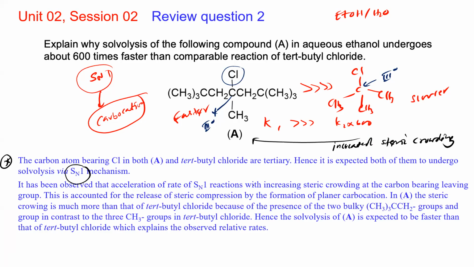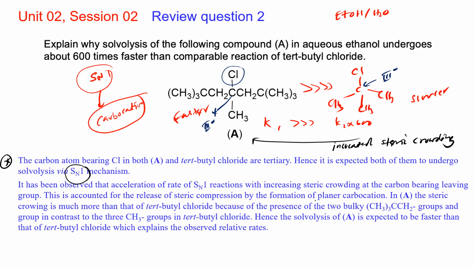The reason is that these huge or bulky groups have something called steric hindrance or steric bulkiness, which is not that favorable. So they try to release that steric hindrance or steric compression by removing the leaving group, because that will generate a flat carbocation where you will have less steric hindrance.